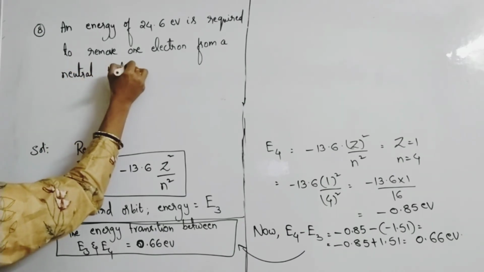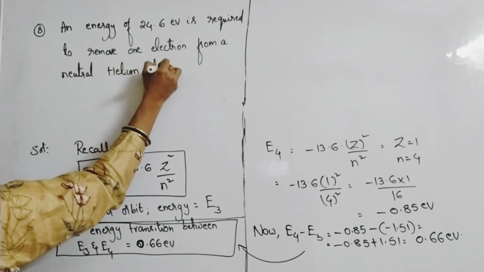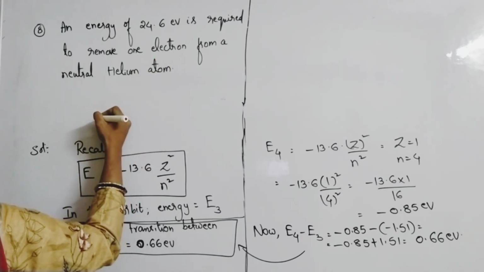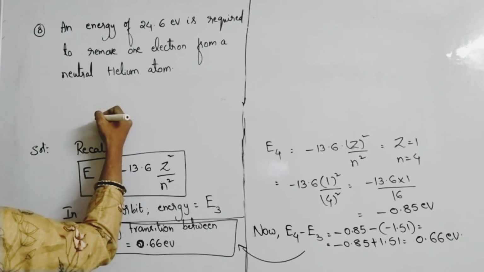The energy required to remove both the electrons from a neutral helium atom.